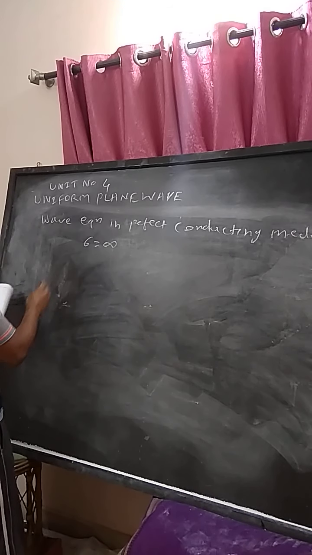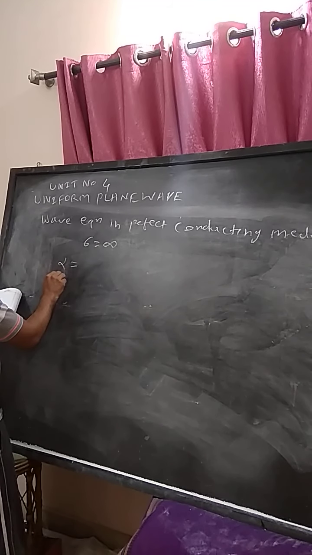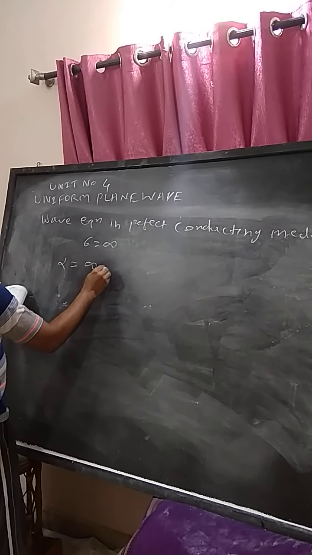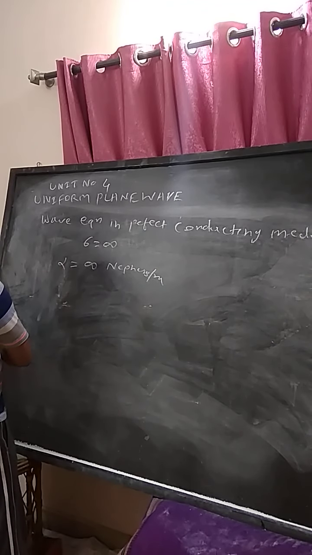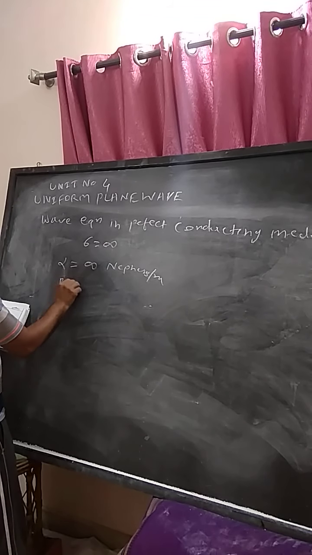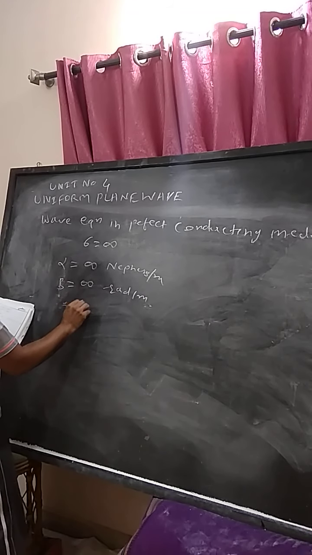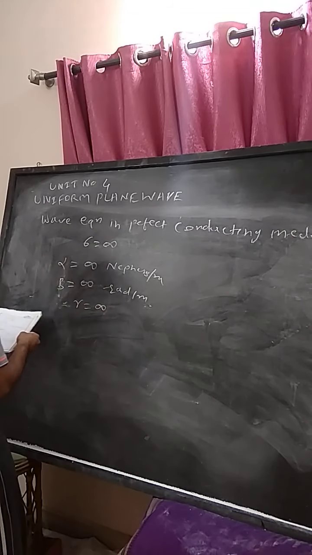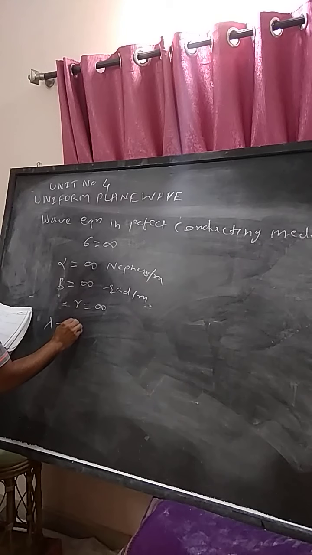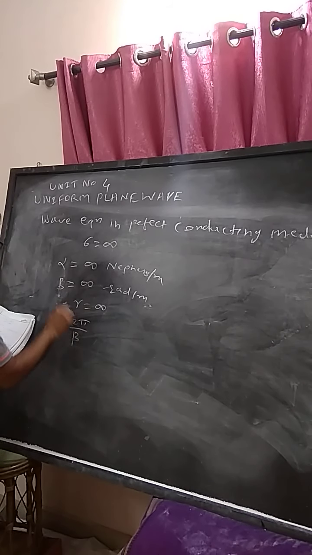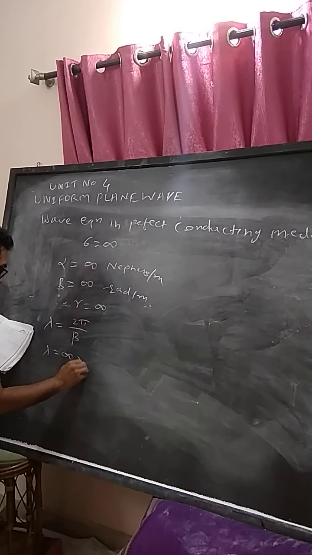After putting sigma equal to infinity, the attenuation constant alpha is infinity, in Nepers per meter. Similarly, beta will again be infinity, in radian per meter, and the propagation constant gamma will again be infinity. The wavelength lambda is 2 pi by beta. As beta is infinity, lambda will be 1 by infinity, that is 0 meter.